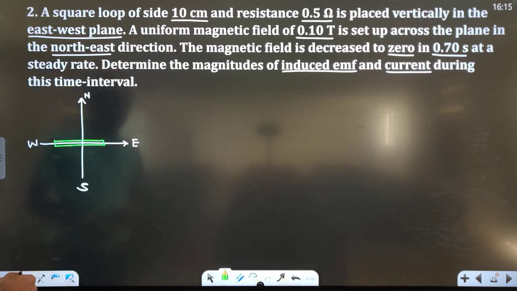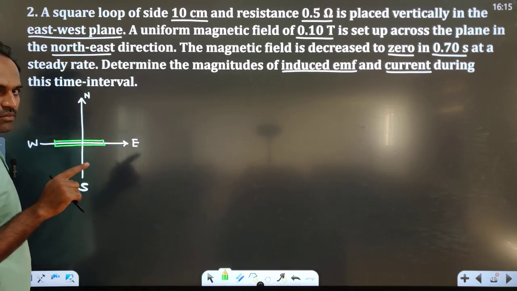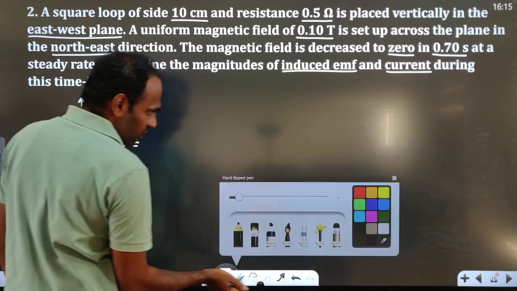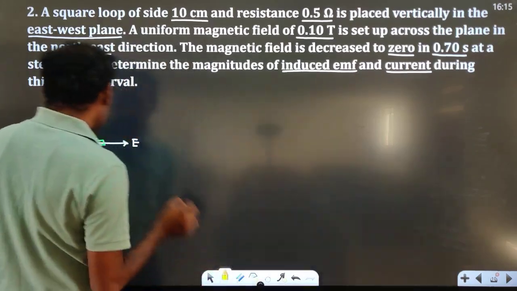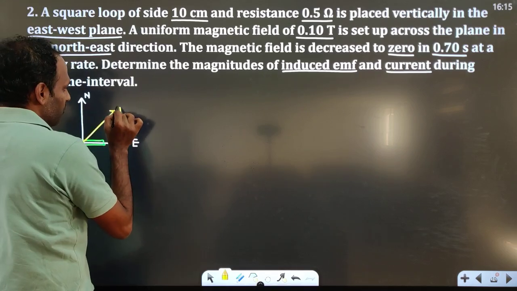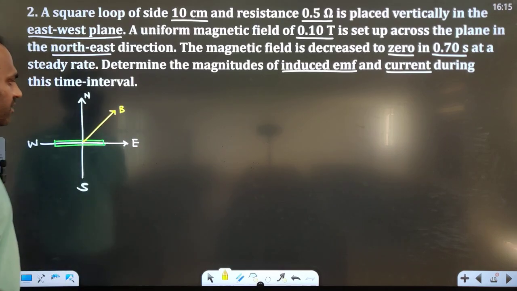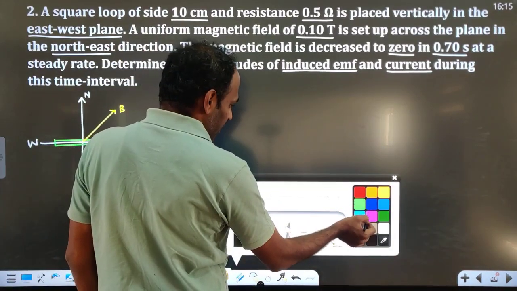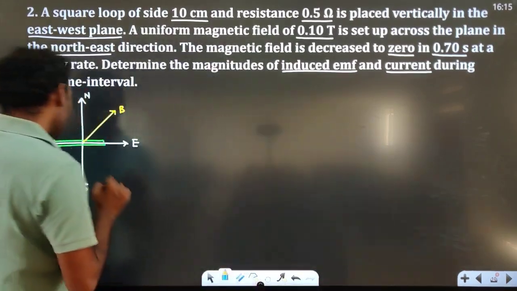Next, the magnetic field. In which direction is the magnetic field? The magnetic field is in the northeast direction. This is north, this is east, so this is the northeast direction. So the magnetic field is in this direction. What is the angle made by the direction of the magnetic field with respect to the plane of the coil?